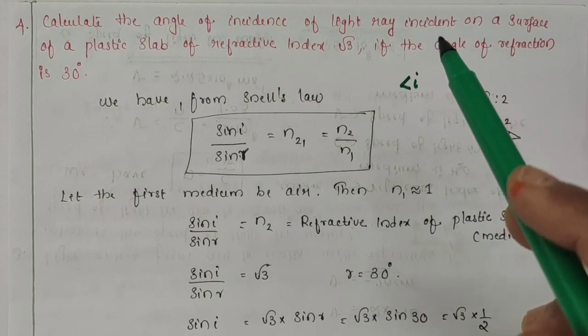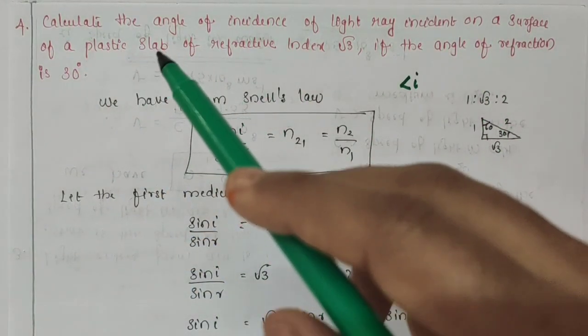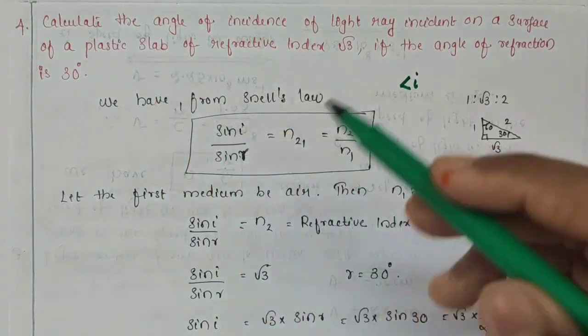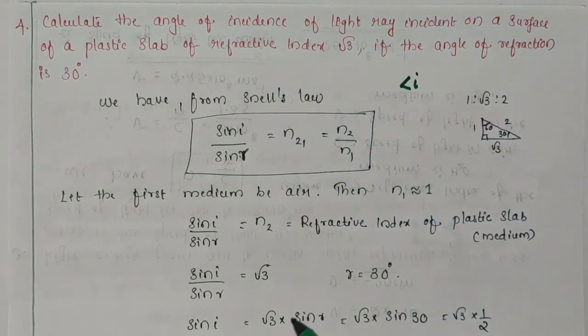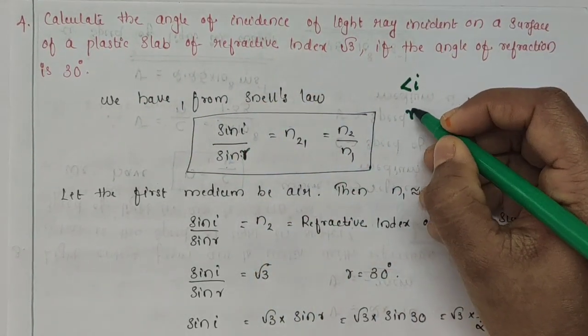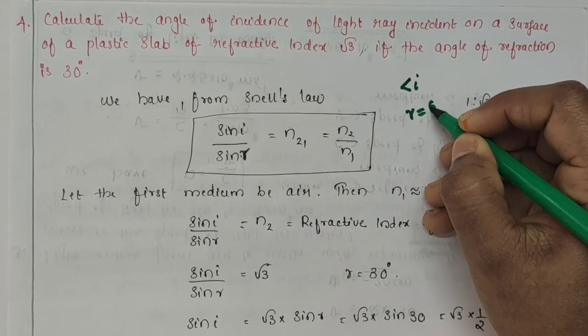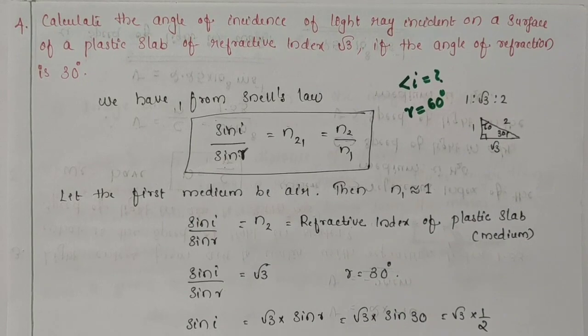Then the light ray is incident on a surface of a plastic slab. So the medium, here it is the plastic slab. Its refractive index is given as root 3. We want to find its angle of refraction, that is angle r, or angle of refraction r is given as 60 degree. Okay, we want to calculate this angle of incidence.